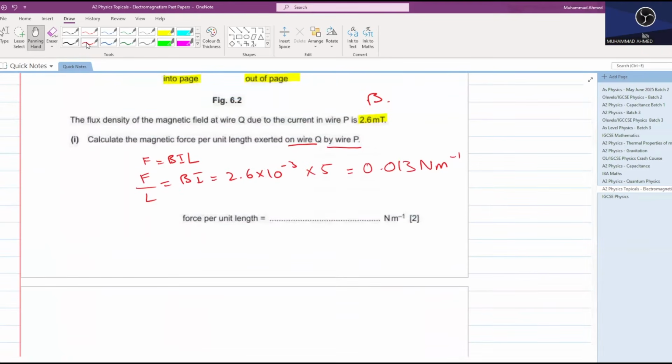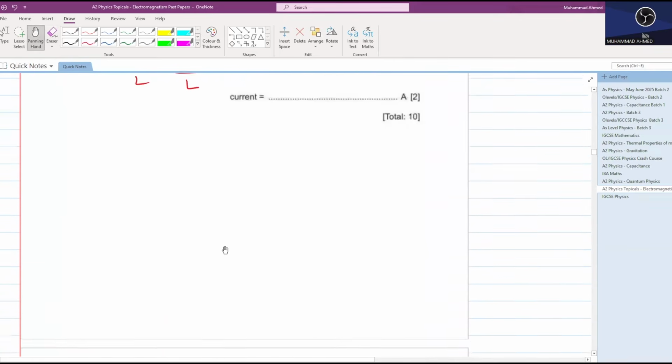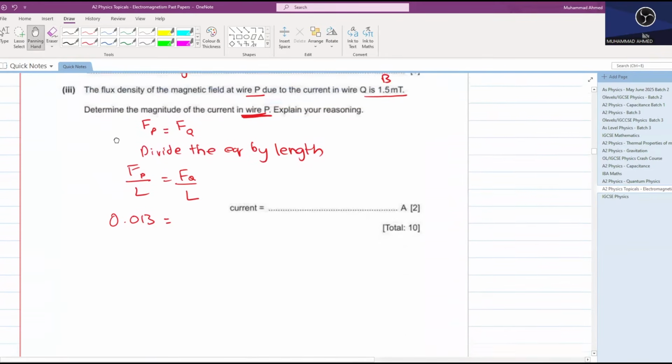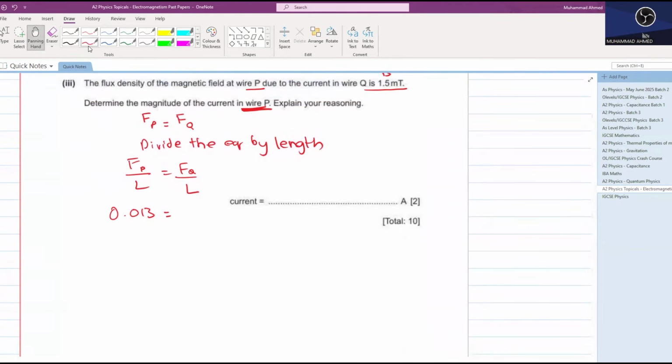Yes, this was FP over L, and it came out to be 0.013. Let's place it here. What was your force in Q? You don't know that, so let's place it like this: force Q over L.